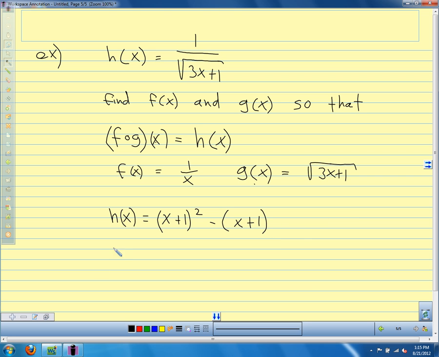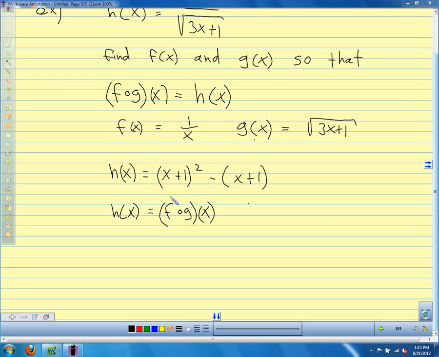And we know that h of x equals f of g of x. So how can we pick out our f and g to make h of x a composition of f and g?